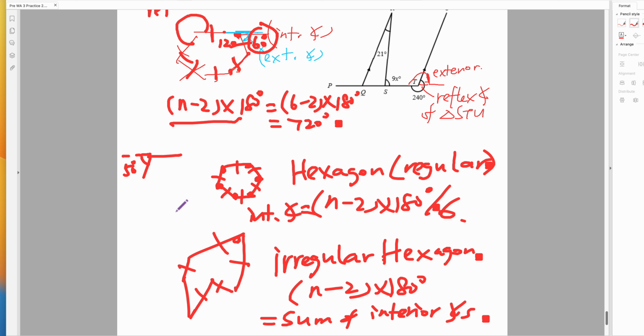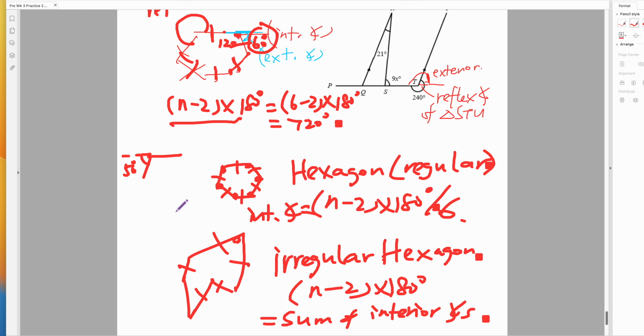can the exterior angle be 50 for a regular polygon? You just use 360 divided by 50. See what you get? No. Why not?